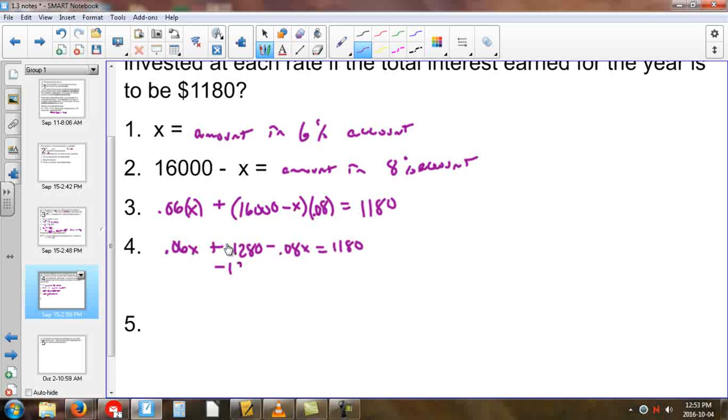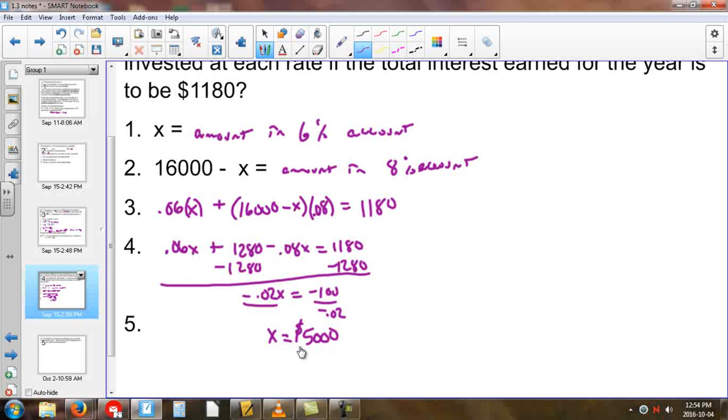So I can minus the 1280, and I'm going to combine these two like terms to get negative 0.02x equals negative 100. I'm going to divide by negative 0.02, and x turns out to be $5,000. Lucky guess by Mr. Welch. Okay, so that was $5,000.